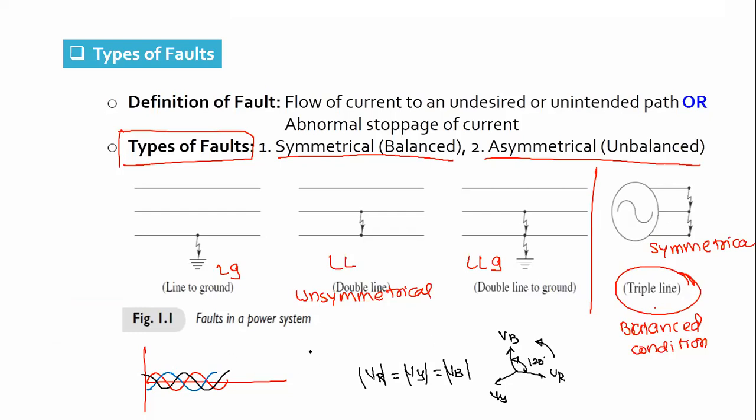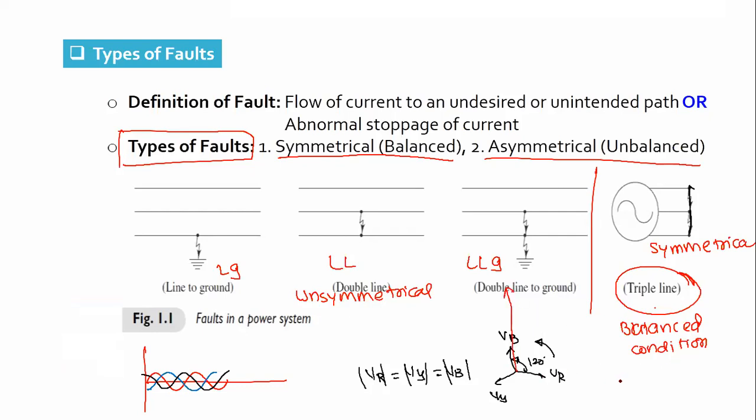What will happen in a symmetrical fault is that when the three phases get short circuited, we will see in the next slide how the three phase fault occurs. When this three phase fault occurs, still there is a balance in the system. It means that the current will rise.